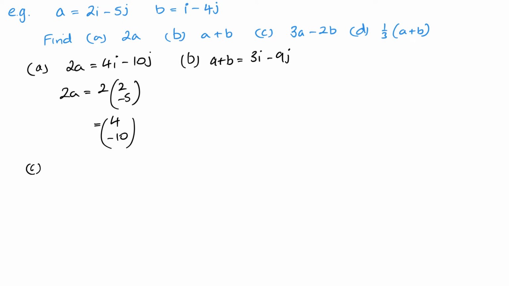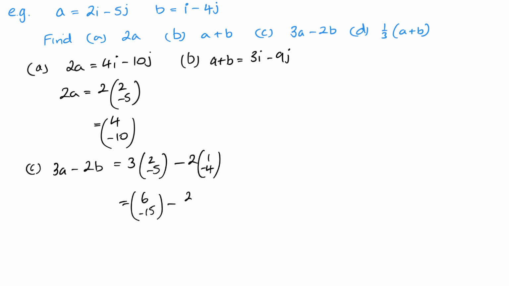And then c, which is 3a minus 2b. So we get 3 lots of a, which is 2 and minus 5. I'm going to write this in column vector. Minus 2 lots of b, which is 1 and negative 4. So I get 6 over minus 15 minus 2 over minus 8.